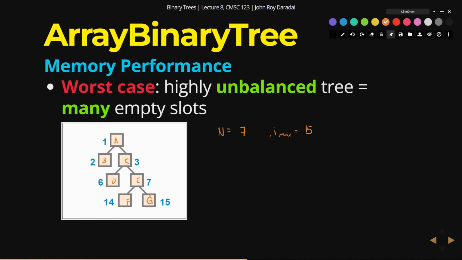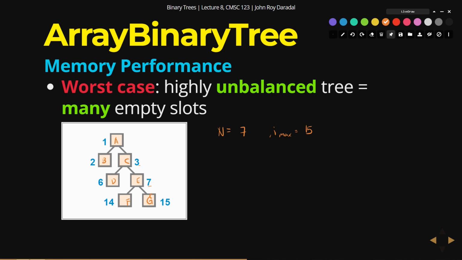Okay? Because A should be at root, the root index, which is 1. Then B is times 2, so at 2. C is times 2 plus 1, so at 3. And then D is the child of C, which is at index 3, so that should be 3 times 2, so that's 6. And then the sibling is at plus 1, so that's 7. And then F is the child of E, which is at index 7.